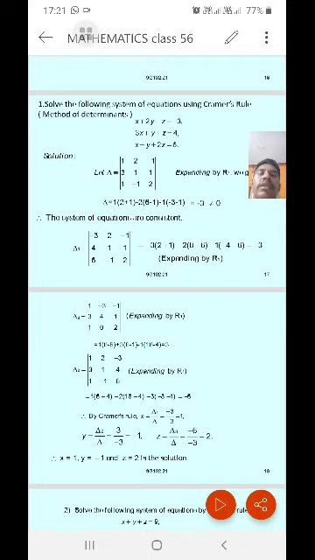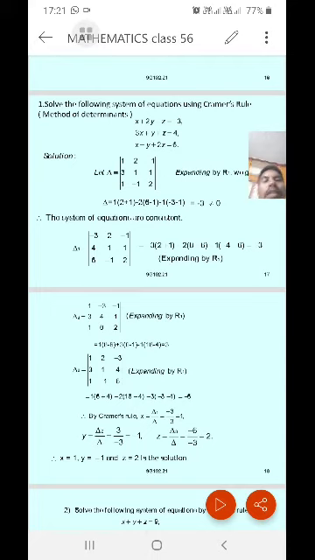Then delta 1 equals, in the delta we are replacing the first column with the constants on the right side of the equations, that is minus 3, 4, 6, and the second and third columns are as they are from delta. 2, 1, minus 1, minus 1, 1, 2.